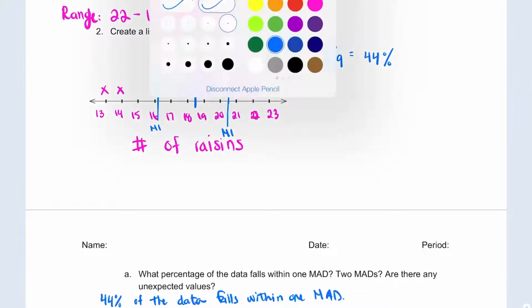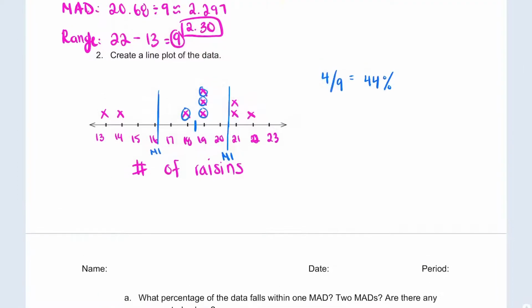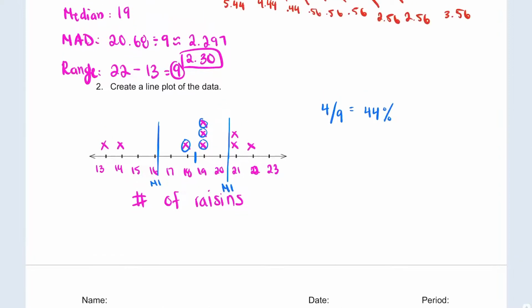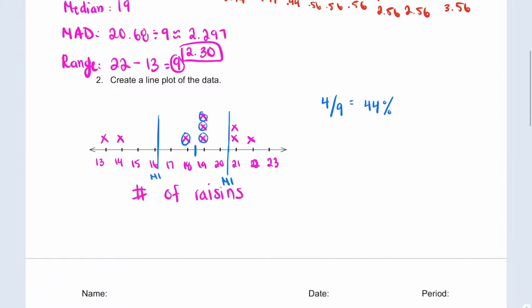Okay, let's move on to 2 MADs. I'm going to use green. I need to go an extra 2.3 above the mean here. When I added 2.3 to 18.44, I was at 20.74 for M1, so I'm going to add another 2.3. Now I'm at 23.04, which is approximately here.